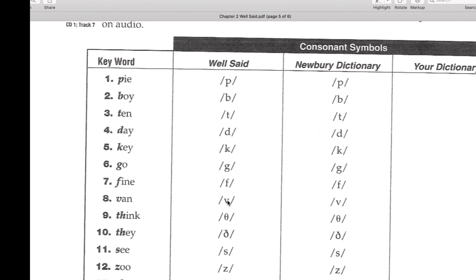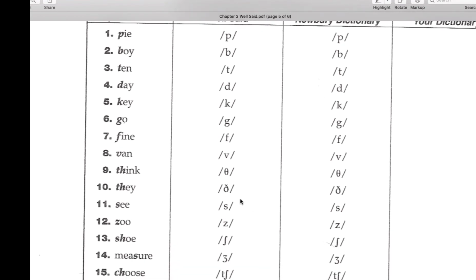But now we start to change a little bit. The reason why we start seeing these odd symbols here is because the TH in English actually represents a few sounds. Since this spelling can represent more than one sound, we need to give each particular sound its own symbol.